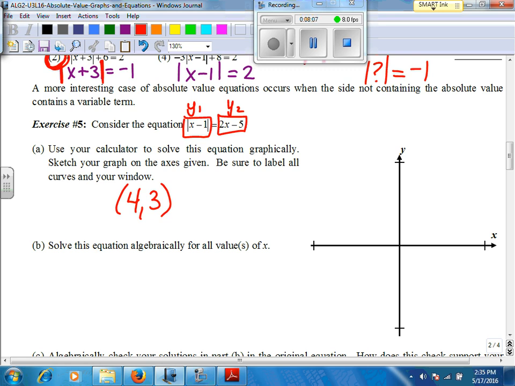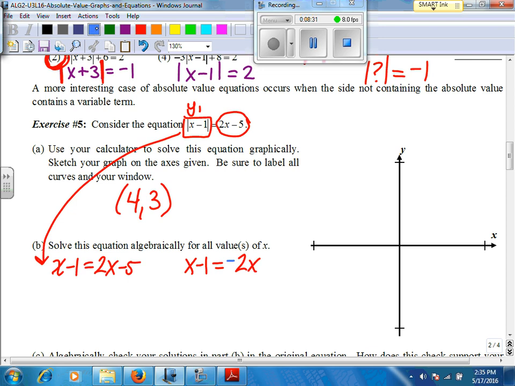And if we solved it algebraically, you'd have your 2 cases, 2x minus 5, and then x minus 1 could be, now this is a little tricky because we have to always make sure we set it equal to the opposite of this. So we need negative 2x, and instead of minus 5, plus 5.